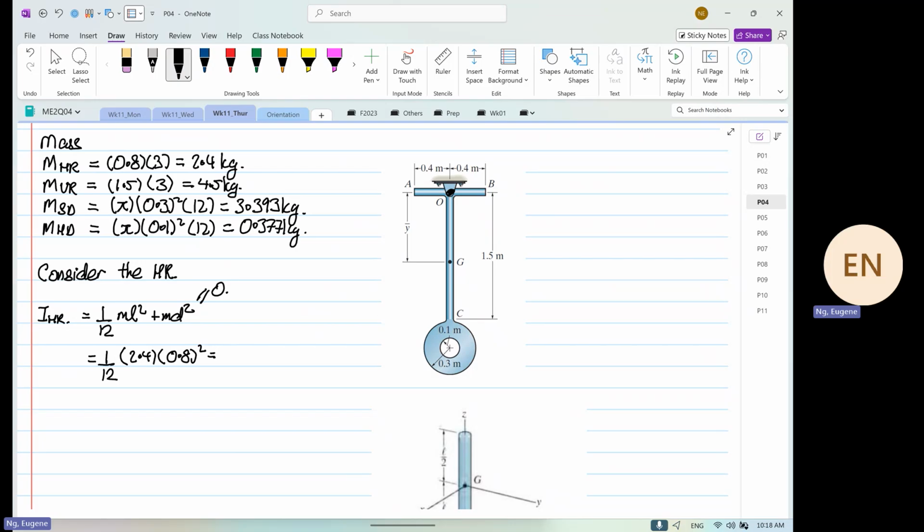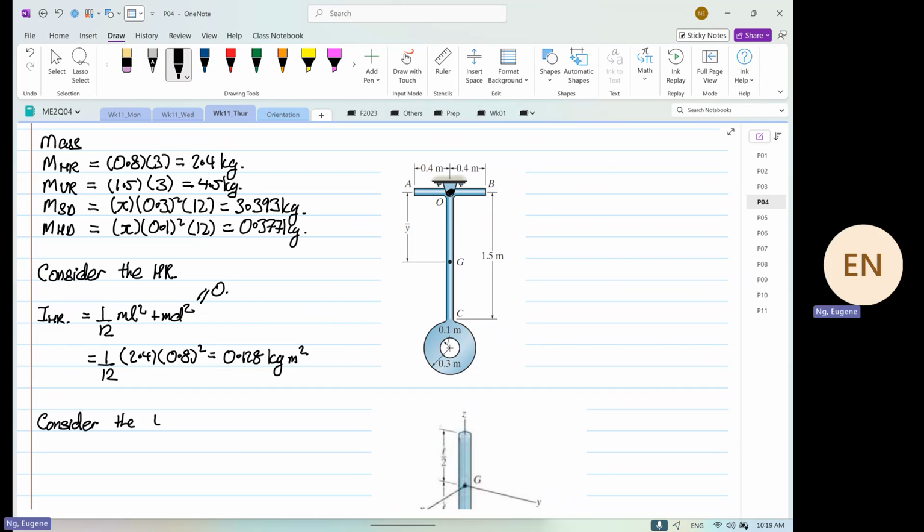So 1/12 times 2.4 times 0.8 squared is equal to 0.128 kilogram meter squared.